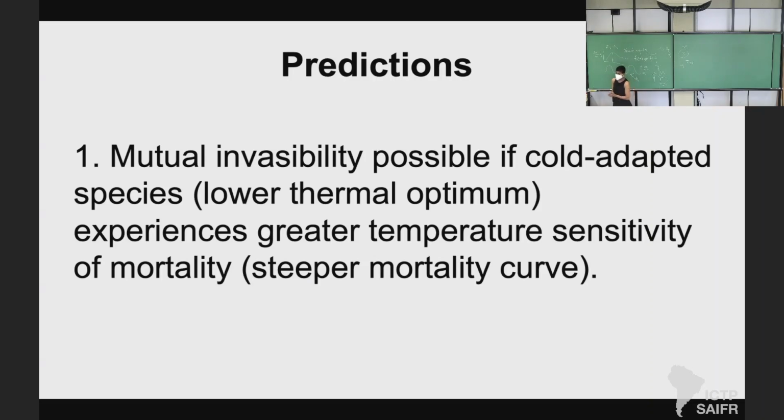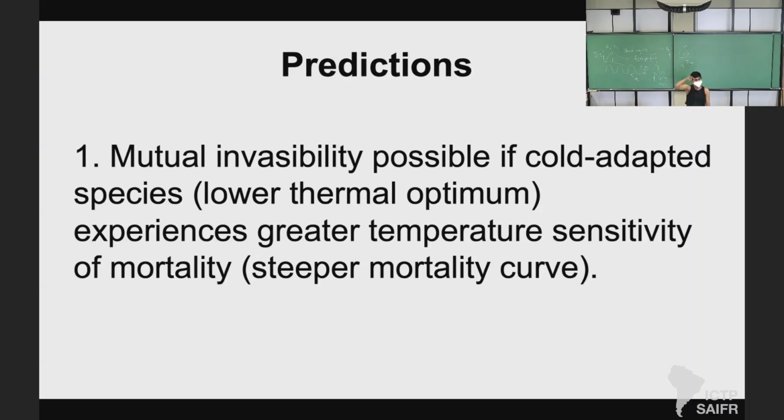We could predict that mutual invasibility will be possible if the cold adapted species, which has a lower thermal optimum, experiences greater temperature sensitivity of mortality, a steeper mortality curve. Why? If you have a lower thermal optimum, you are a stronger competitor against the other species because you have a lower R star, right? So you have to give the other species a break, so to speak.